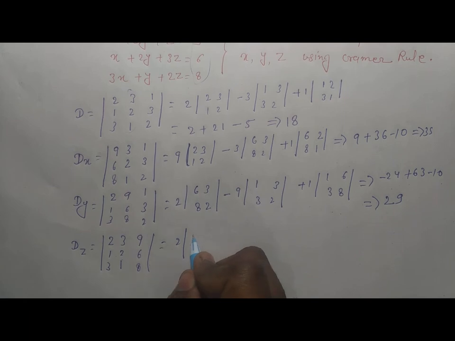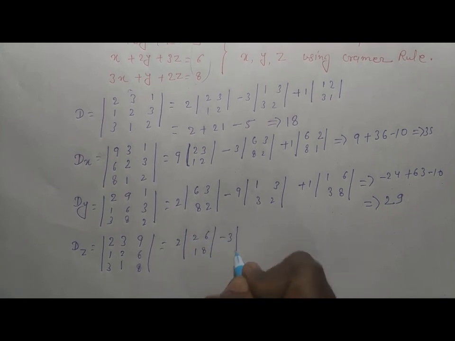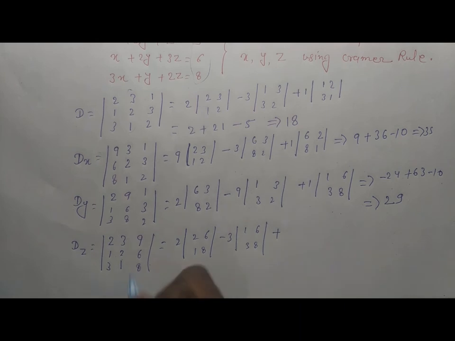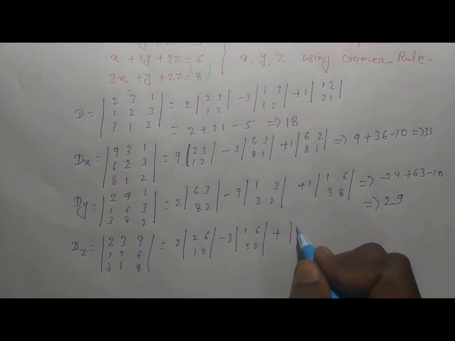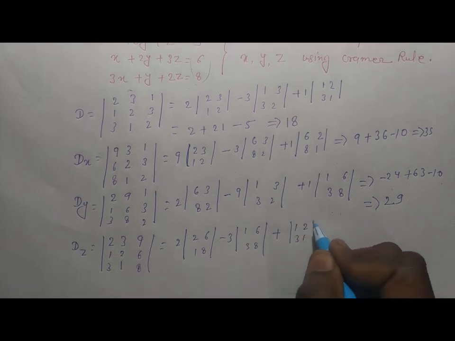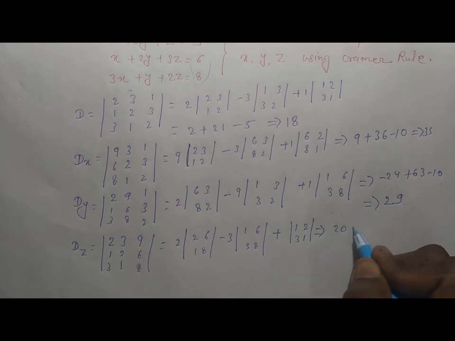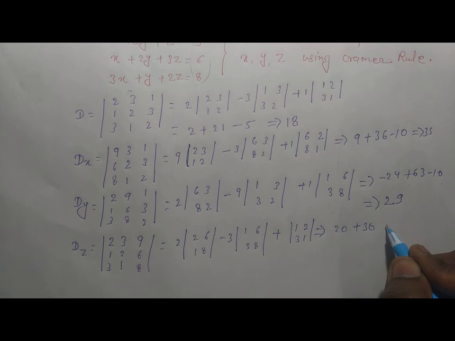Take the second element and eliminate the first row and the second column, the remaining elements are 1, 6 and 3, 8. Take the third element and eliminate the first row and the third column, and the remaining elements are 1, 2 and 3, 1. Then cross multiply and the value is 20 plus 30 minus 45, the value is 5.